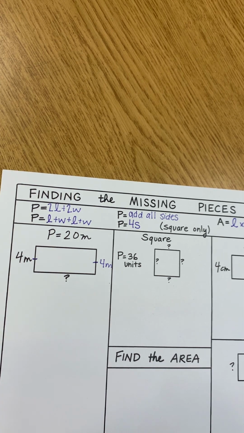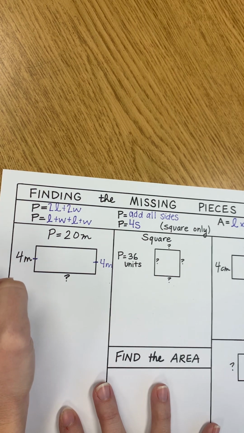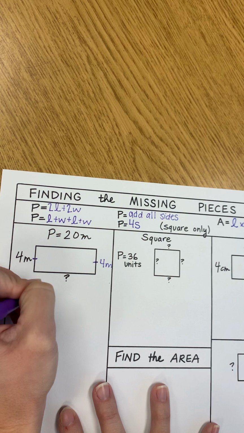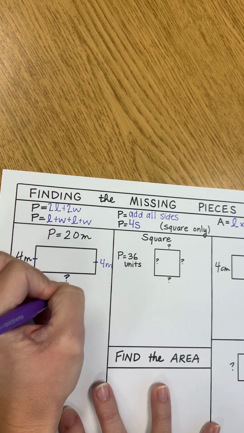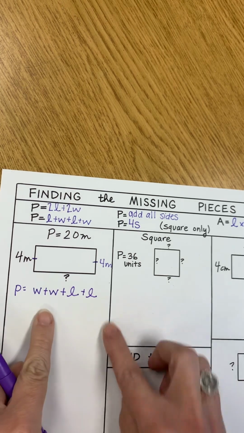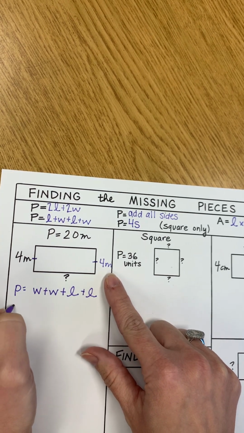So if my perimeter is width plus length, if I'm going to add up all the sides, then I already have some of this information, right?